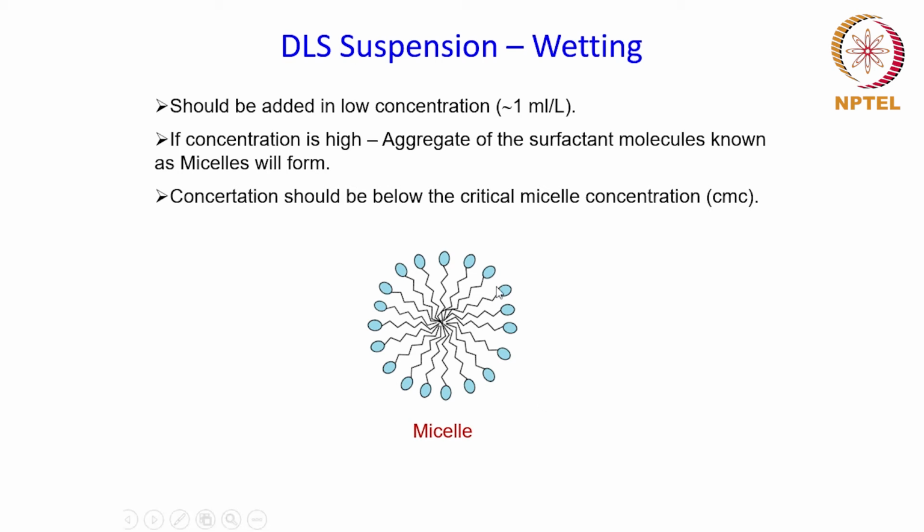Okay, so therefore the concentration should always be low when surfactant is added, and there is a critical concentration beyond which these micelles form, and that particular concentration is known as the critical micelle concentration or CMC. So CMC is the concentration of surfactant above which the micelles will form, and therefore when the surfactants are added in the DLS suspension, the concentration should always be below the critical micelle concentration. So this is something that you need to keep in mind when you are preparing DLS suspension using surfactants.